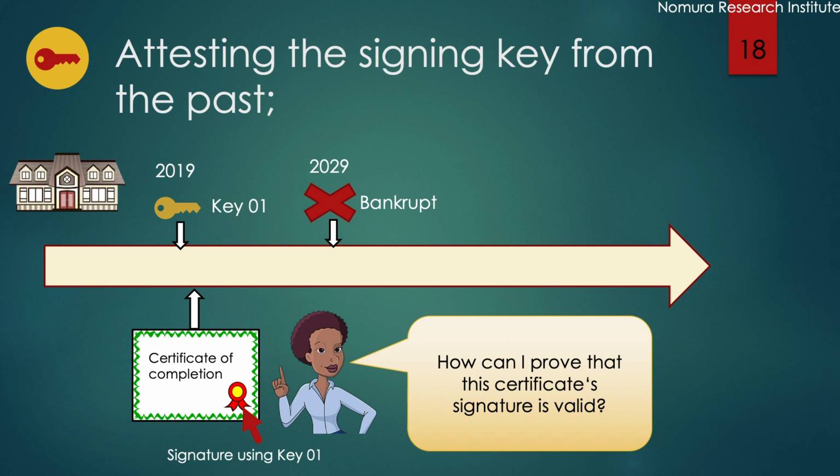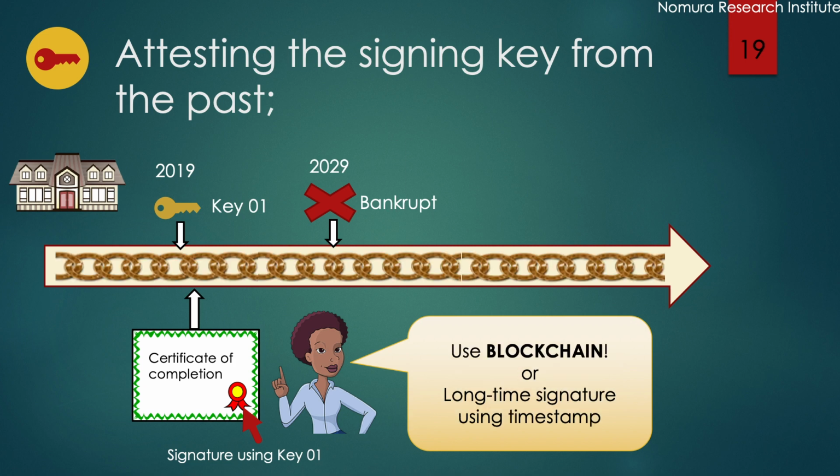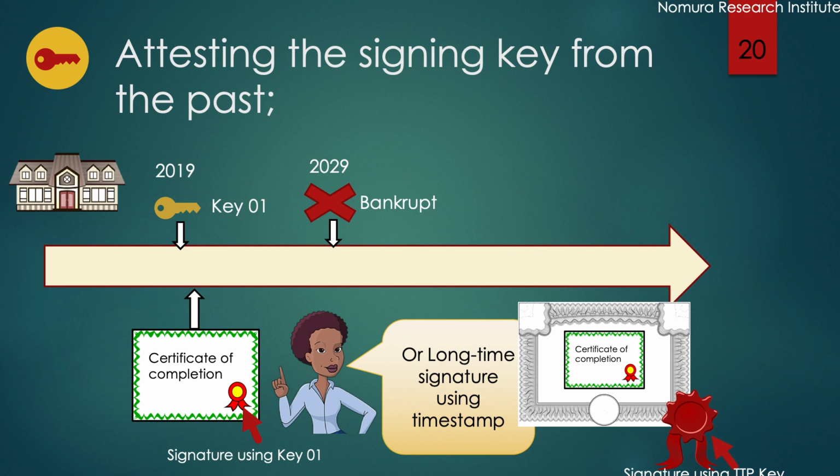In that case, I need to prove that this key was actually a valid one. And for that, we could use some kind of publicly run shared key store, which is time-stamped, right? One way to do it is using blockchain, obviously. Another way is to use another kind of time-stamping service.